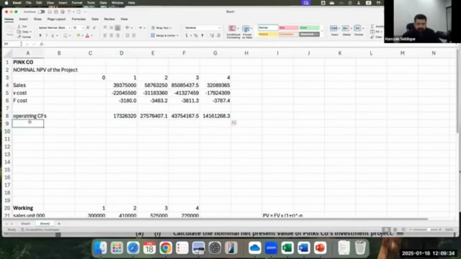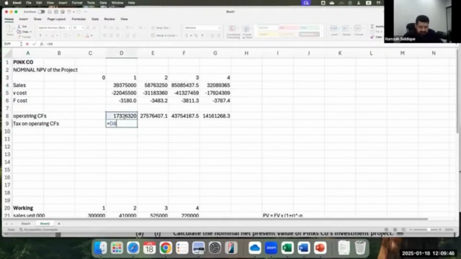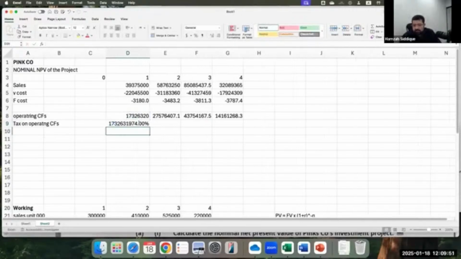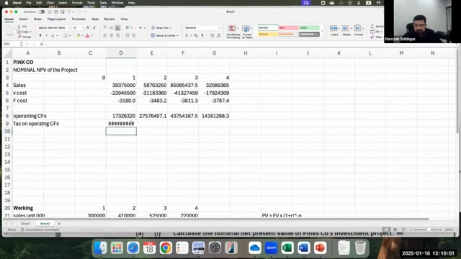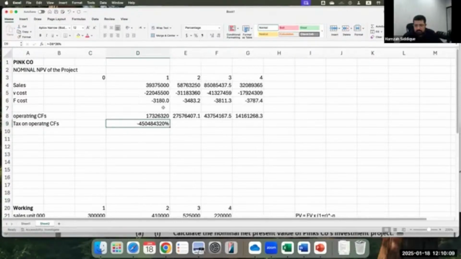Next, we have to pay tax on operating cash flows. We have to pay tax, 26% in the same year. This minus 26%. Oh, sorry, this into minus. Why is it percent?